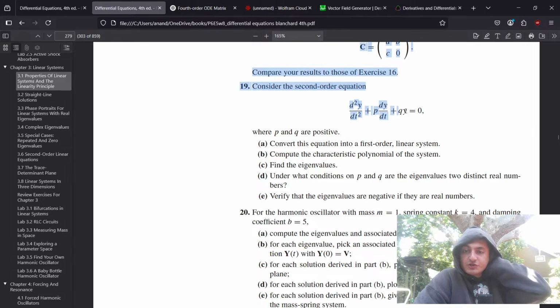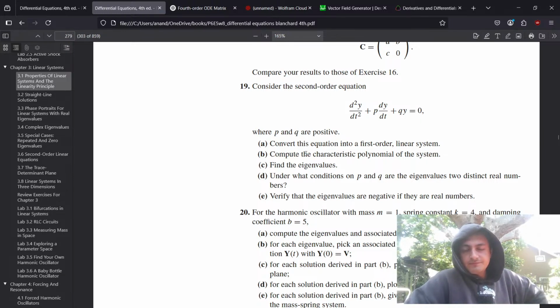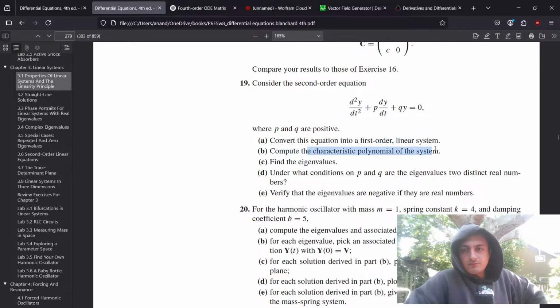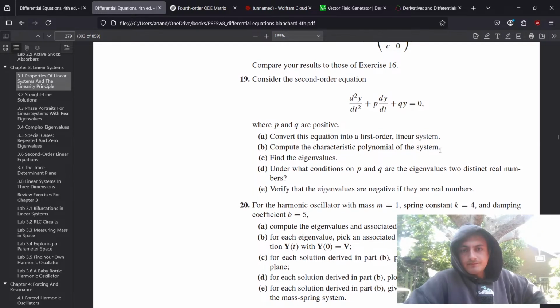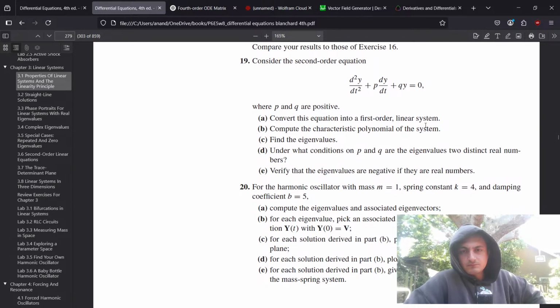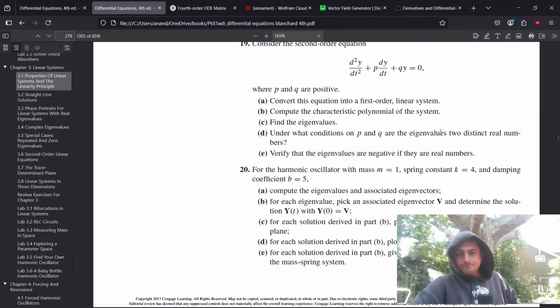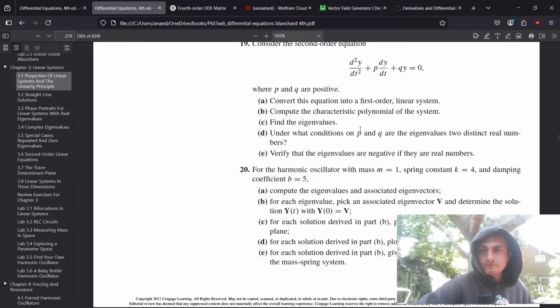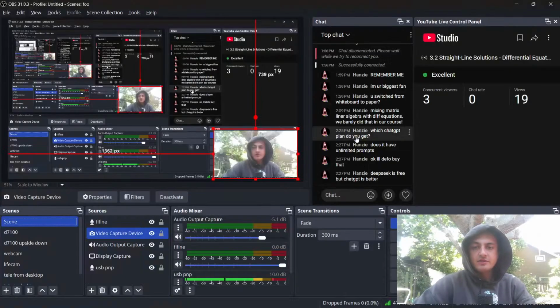I was thinking of writing the code that turns this into a first order system, but I don't really want to do that. All right, let's just do this one. 19 is not that hard. Let's just do it on paper.